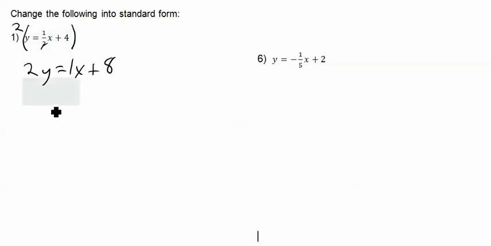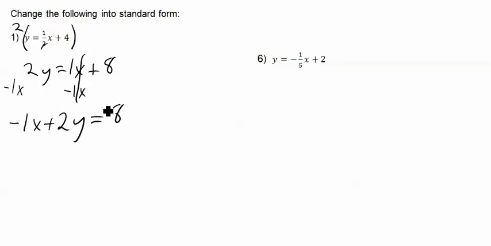Then I've got to move the x over to the other side, so I'm going to do minus 1x, minus 1x. Remember, we don't want to add those together because one of them is an x and one of them is a y. So we get minus 1x plus 2y equals 8. But we're not in standard form yet.